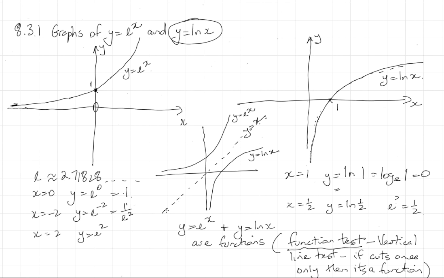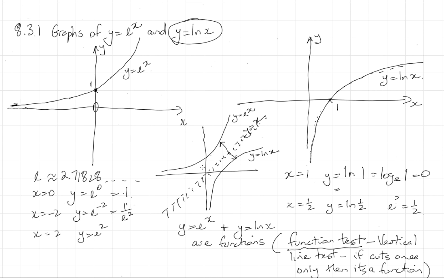If I was to consider a mirror in the graph y equals x, these are reflections in each other in that mirror of y equals x. So the property of mirrors, the distance in front is the distance of the image behind.